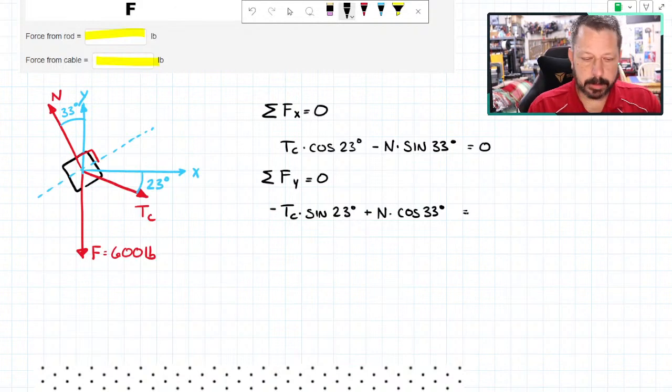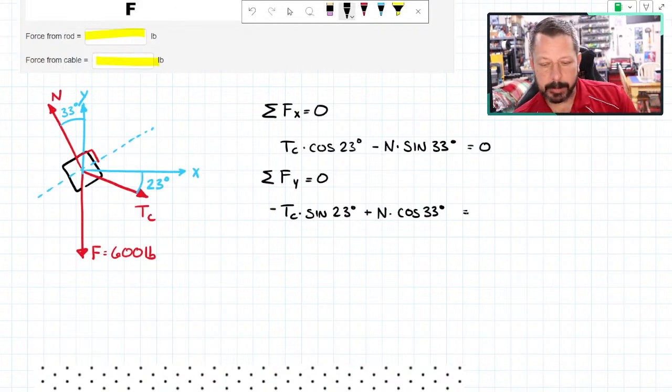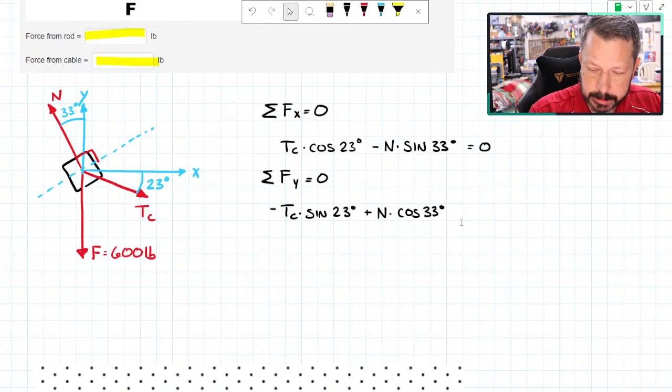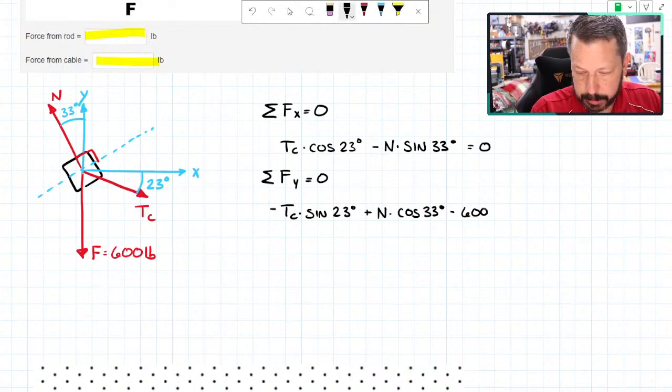I could do this two ways. I'm going to put equals 600 pounds. But you could do it this way if it makes a little more sense: minus, because it's pointing down, minus 600 pounds equals 0.